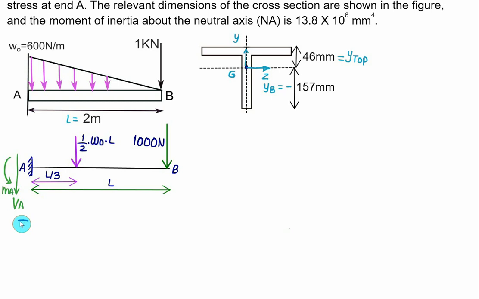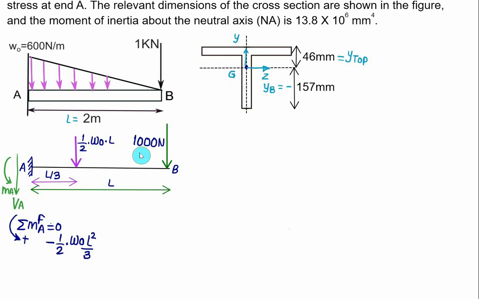So we have sum of moment of all forces about point A. Since we have assumed anti-clockwise positive, this sum must equal 0. Bending moment of the equivalent point load is clockwise, so it is taken as negative: minus 1 by 2 multiplied by W0 into L by 3, that is W0 L square divided by 6.